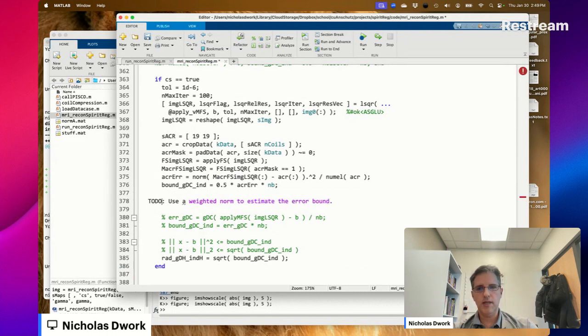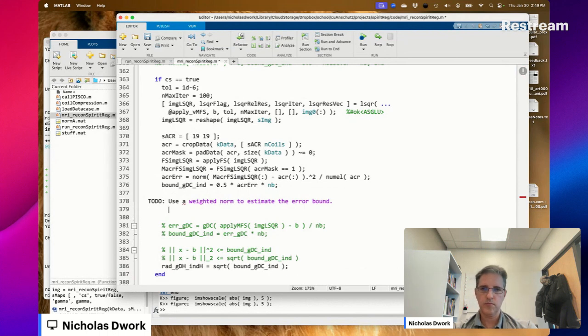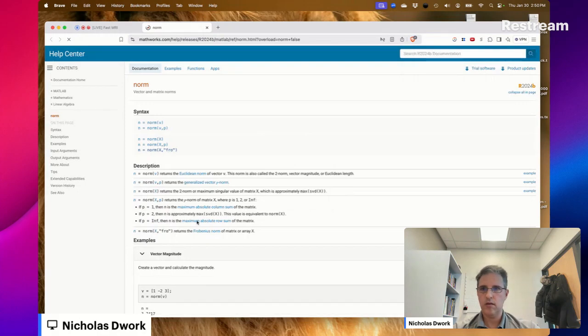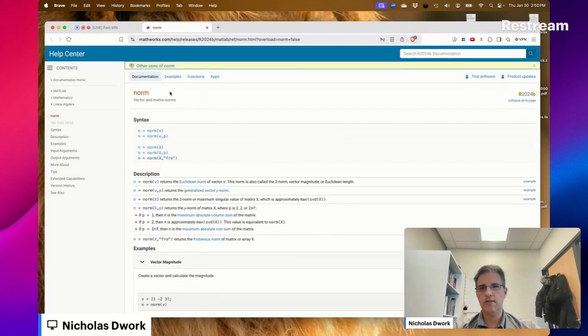We want to weight the norm with the magnitude of the Fourier values. If the values are high, then we weight the norm with those. We count those a lot in the norm. And if the values are low, then we don't. This doesn't have weighted norms.